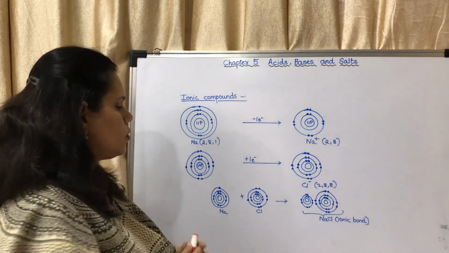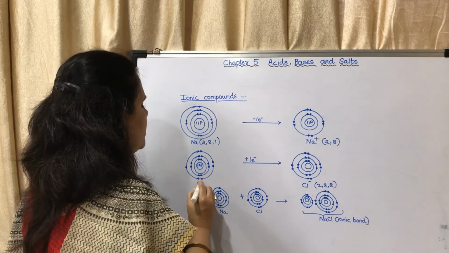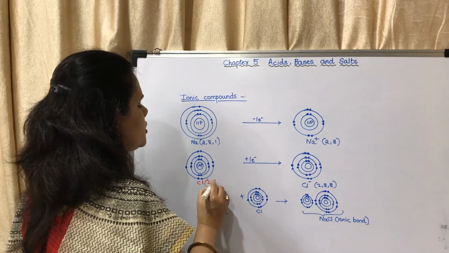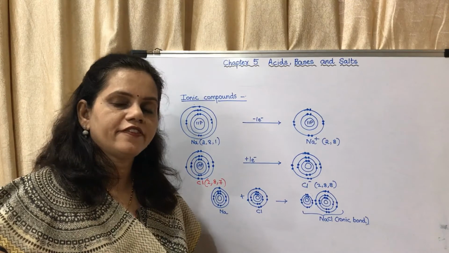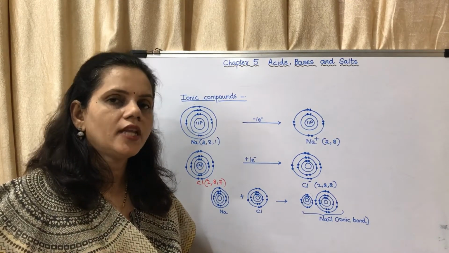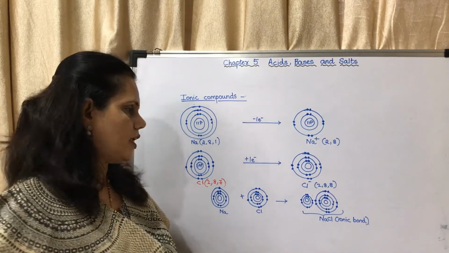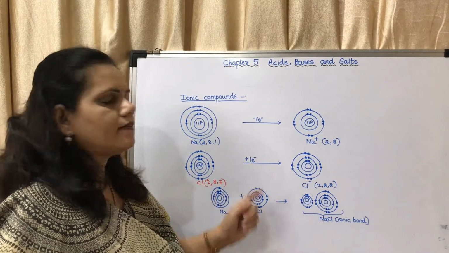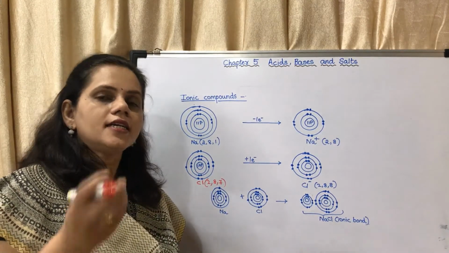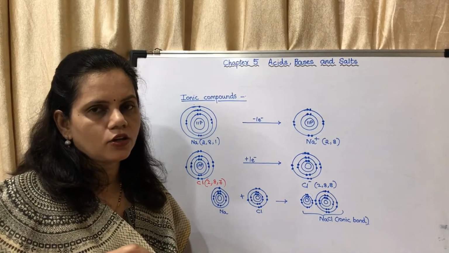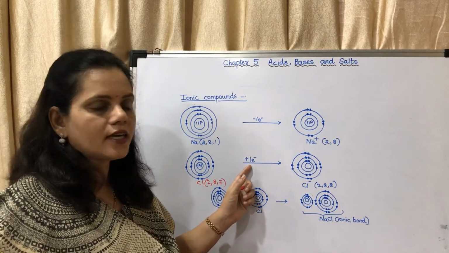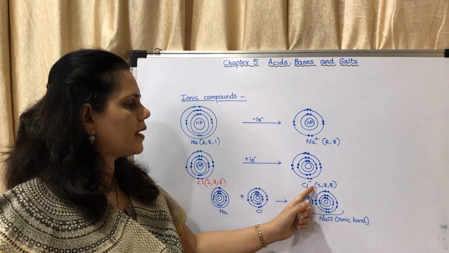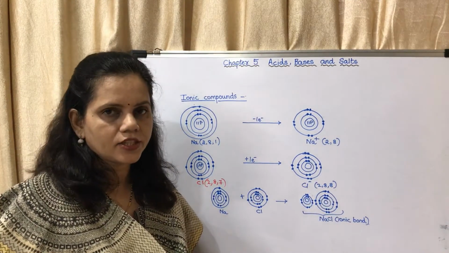This is chlorine. Its electronic configuration is 2, 8, 7. 2 in the first shell, 8 in the second shell and 7 in the third shell. It is having 7 electrons in its outermost shell, so it will add 1 electron and form Cl minus, 2, 8, 8.